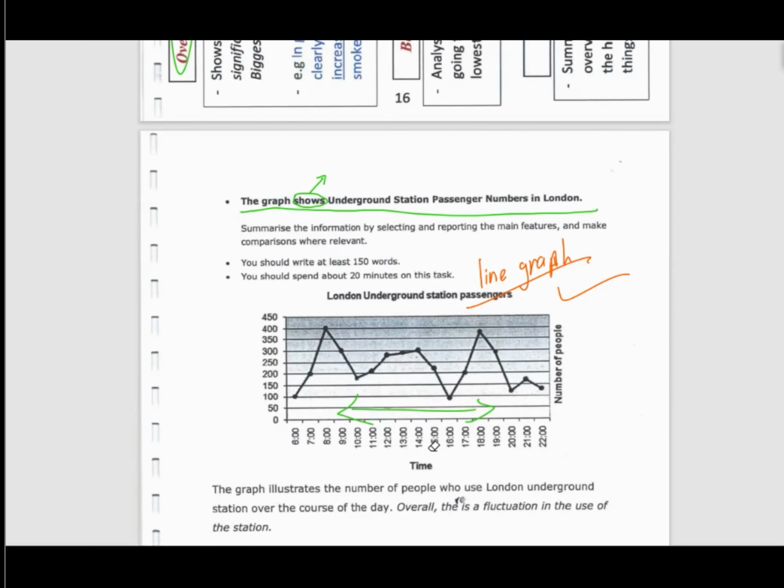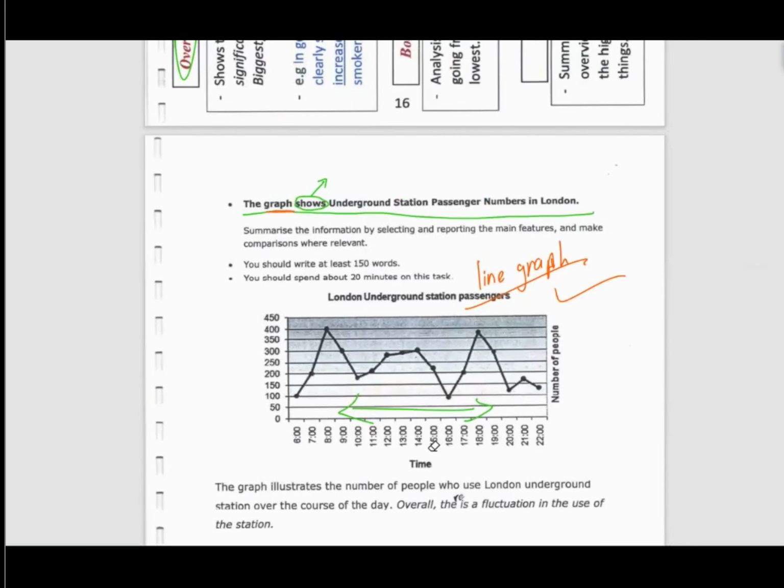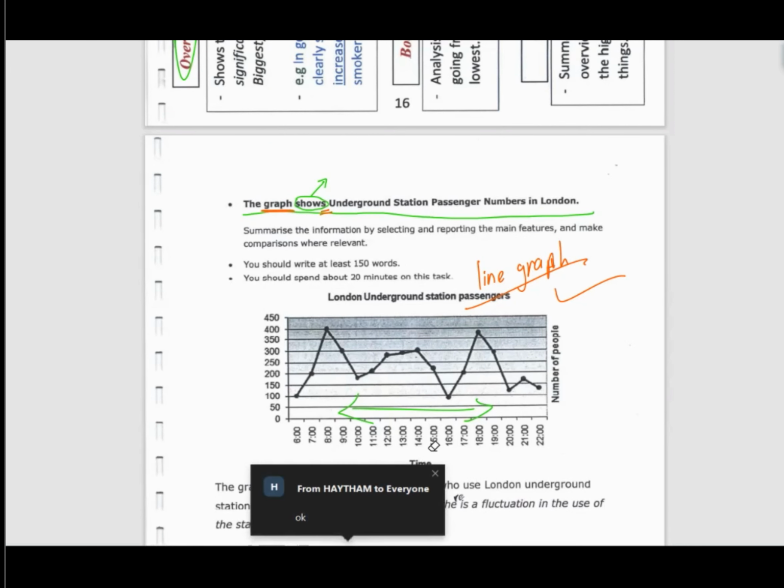The graph illustrates, the graph explains, because it is one. The graph is one here, right? Subject is one, so you need S in the present simple. The graph means it, which is one. Okay? So if you use a synonym, it should be the graph illustrates, the graph explains, with S.